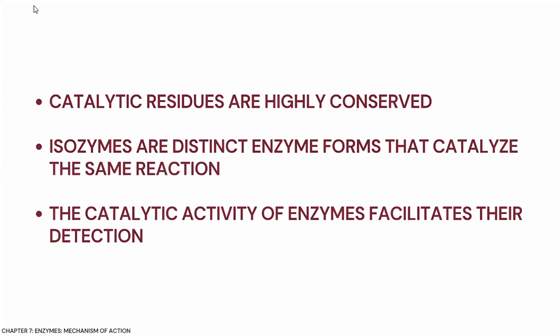So glucokinase and hexokinase perform the same reaction, but they are different according to their Km. Glucokinase is found in the liver. Hexokinase is found in other tissues, peripheral tissues, other than the liver.